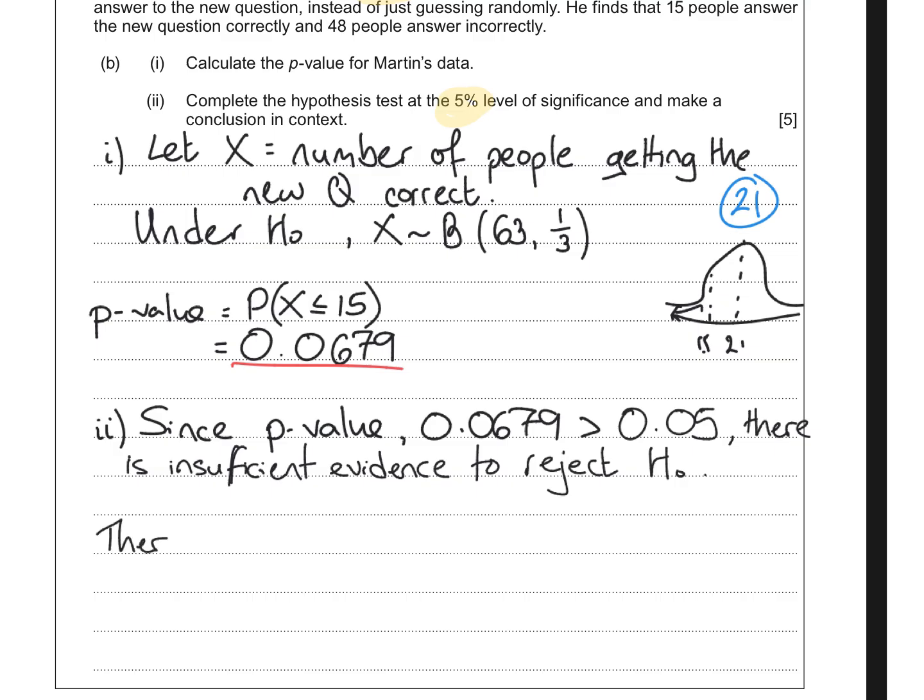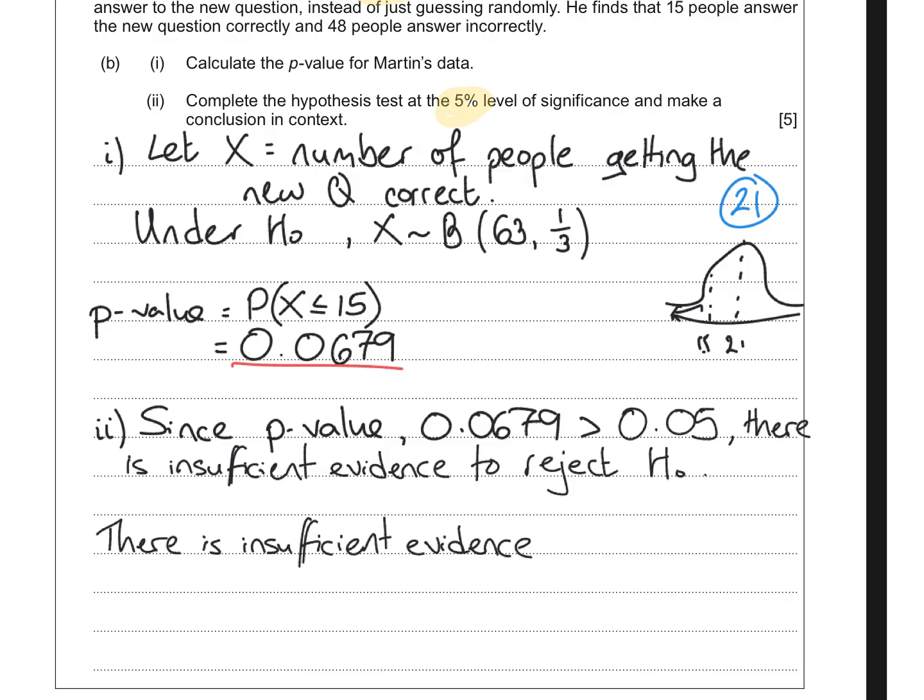There is insufficient evidence. That statement, by the way, insufficient evidence or sufficient evidence, is something that absolutely must appear in your answer at least once. As you can see, I like to use it twice here as a belt and braces kind of approach, but it must appear at least once, otherwise you're not going to get these marks.